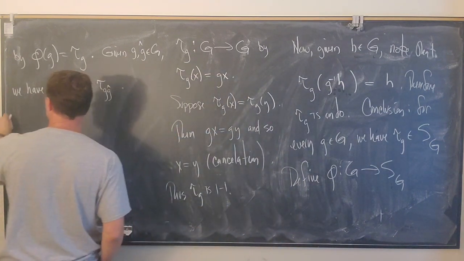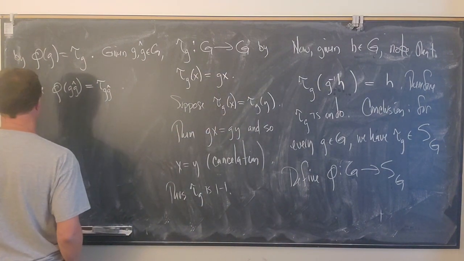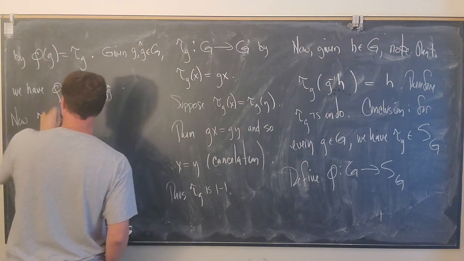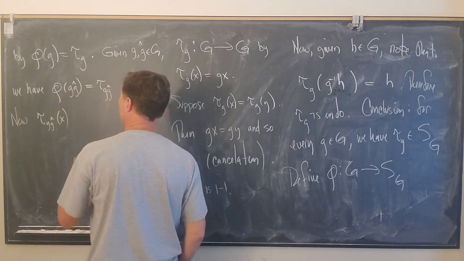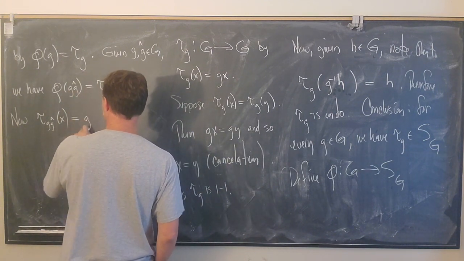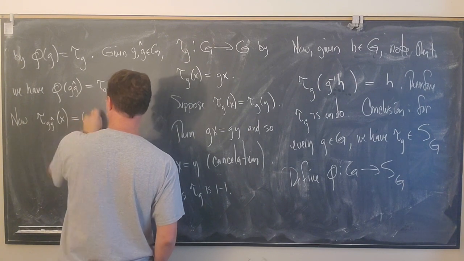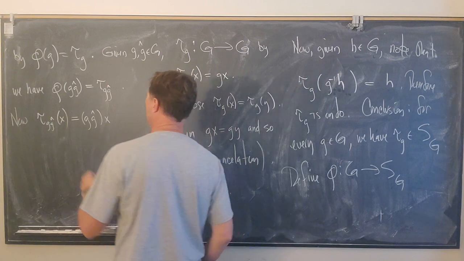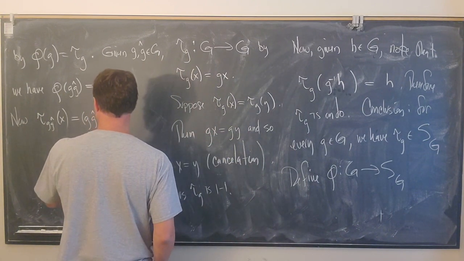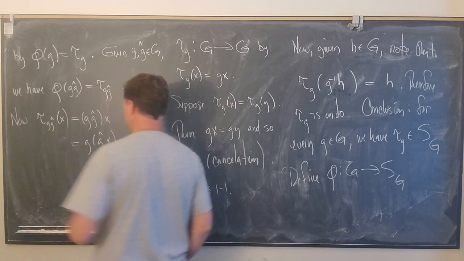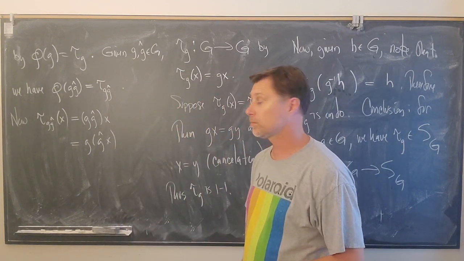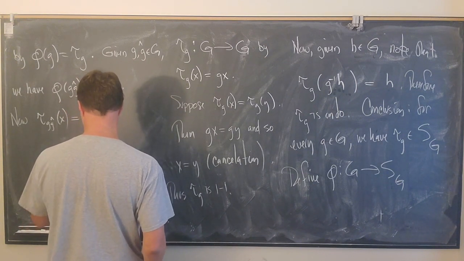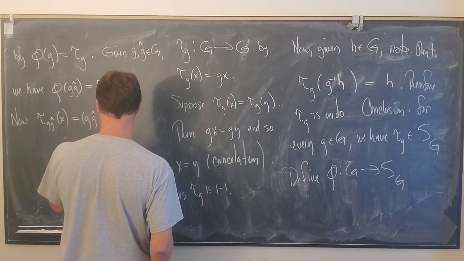Now, tau g g hat of little x is equal to g g hat times x, which is equal to g parentheses g hat x. That's equal to g times tau sub g hat of x.